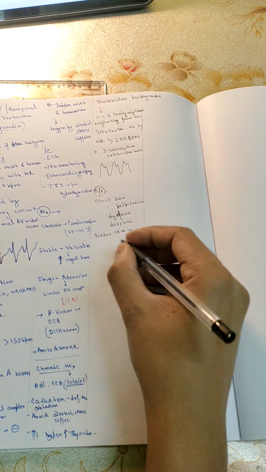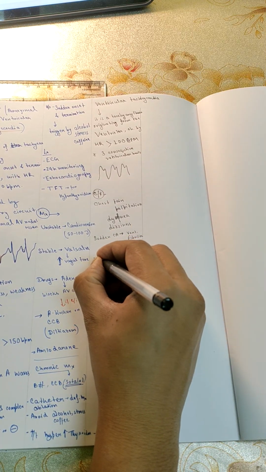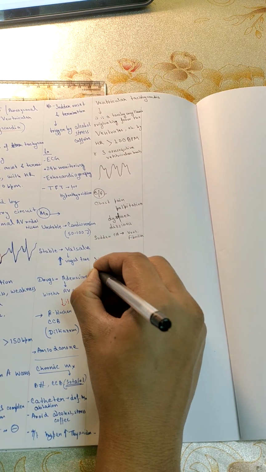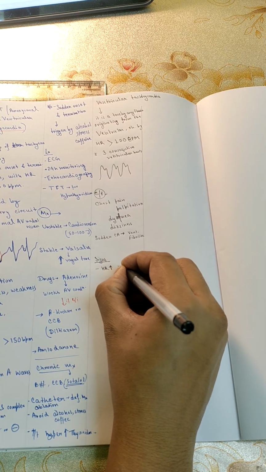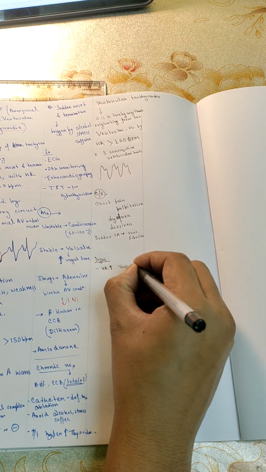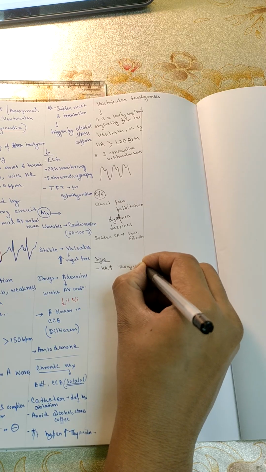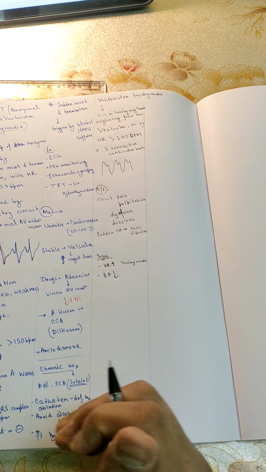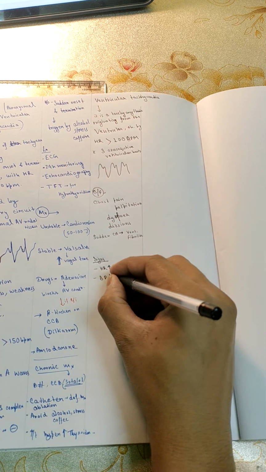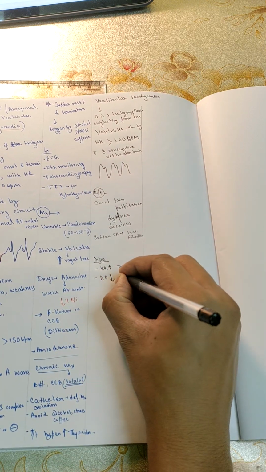Okay, what are the signs? Obviously, tachycardia, heart rate high. Also along with tachycardia, pulse pressure should be high, but here it is low because of impaired ventricular filling.